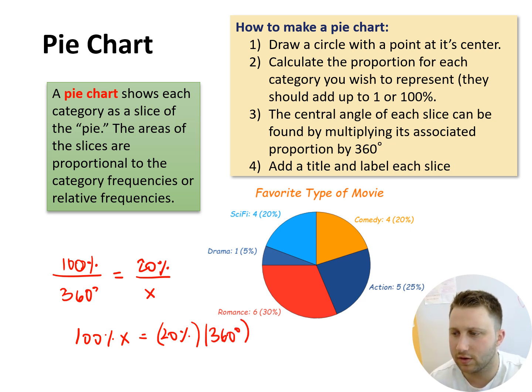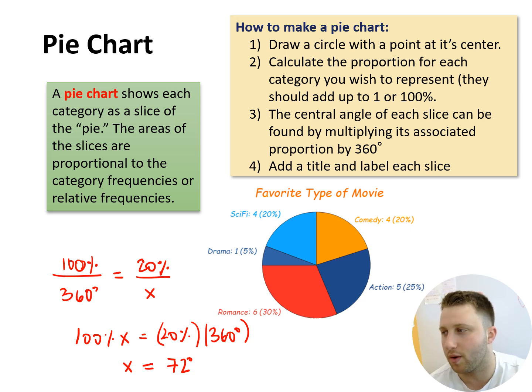And so x, because 100% x is the same as saying 1 times x, which is x, is equal to 0.2 times 360. So 0.2 times 360, I want to say, is 72 degrees. And so you would shade in 72 degrees of the circle to represent sci-fi, and in this case comedy as well, because they're equal to one another.